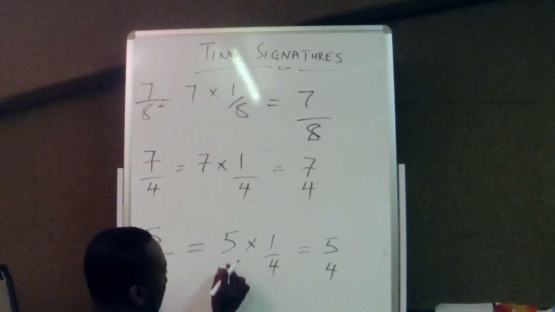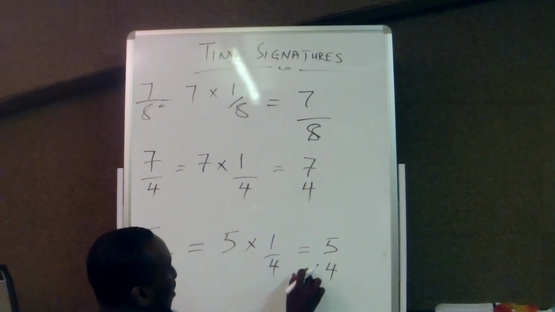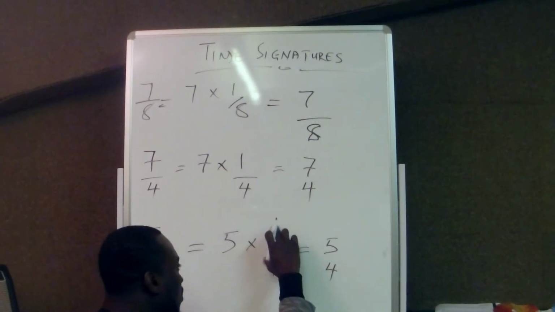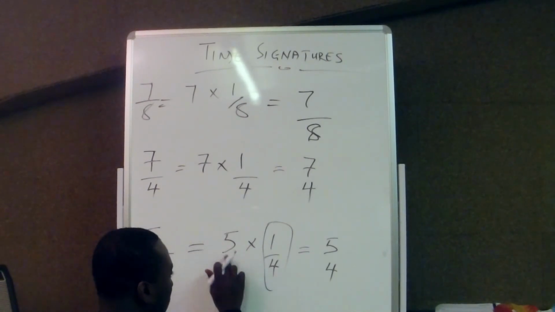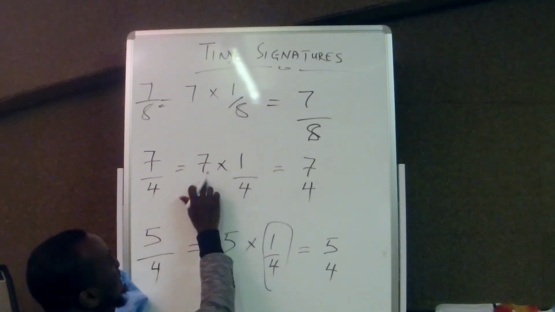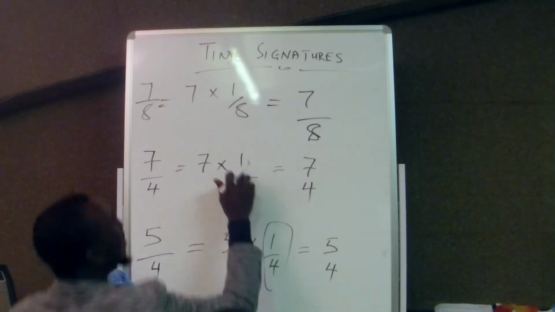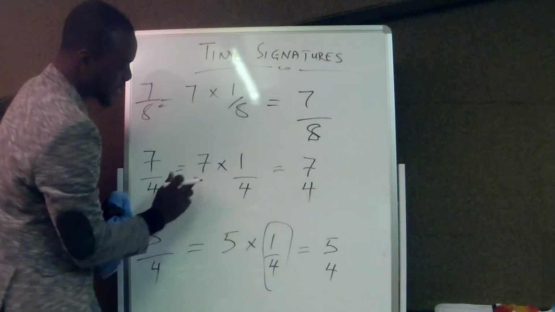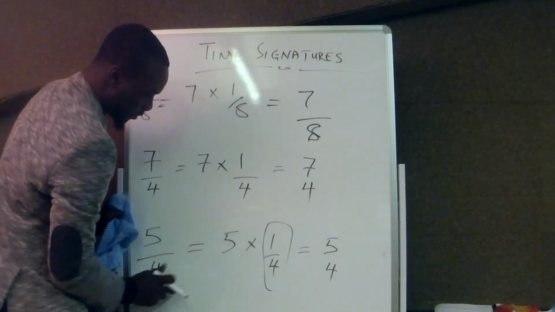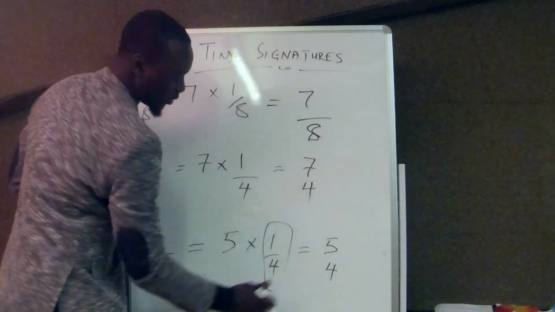You break it down, it becomes 5 times 1/4. Then it means you have 5 lots of quarter notes. Type of note, how many. 7 eighth notes, 7 quarter notes, 5 quarter notes, 5/4.